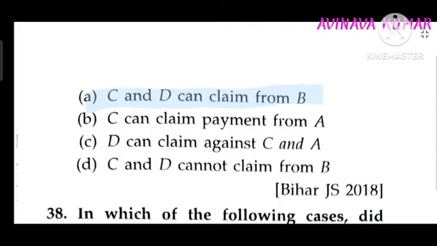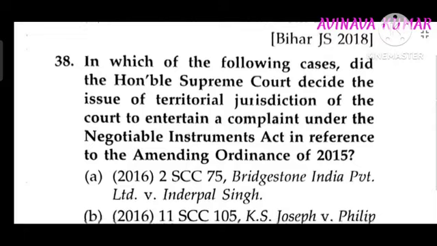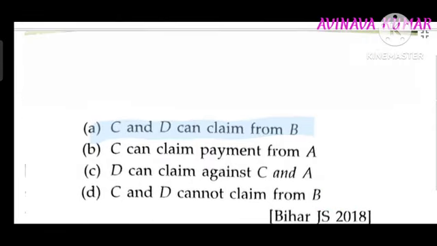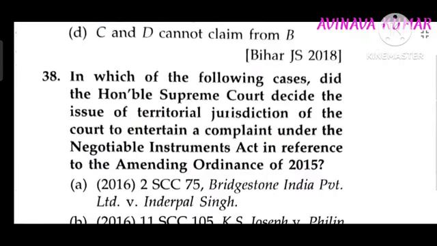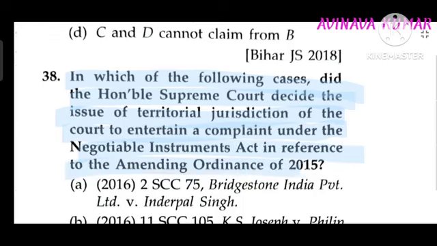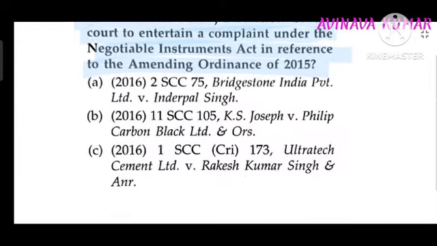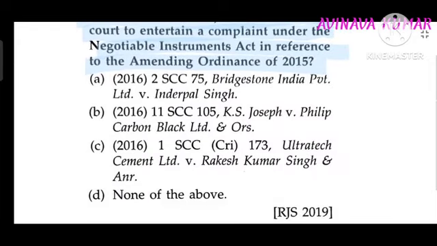C and D can claim from B. In which one of the following cases did the Honorable Supreme Court decide the issue of territorial jurisdiction of the court to entertain a complaint under the NI Act in reference to the Amending Ordinance 2015? Bridgestone India Private Limited versus Inderpal Singh.